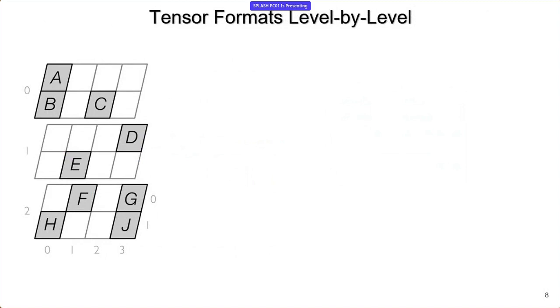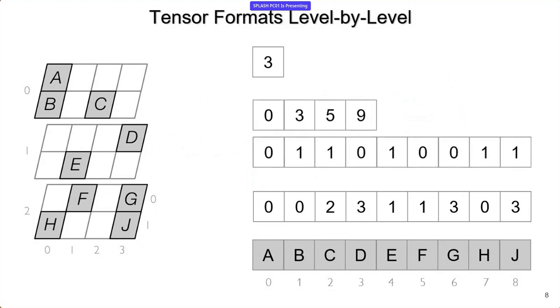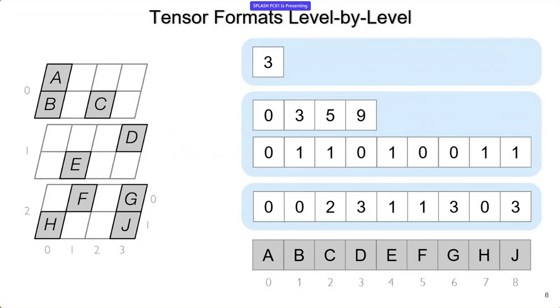This is a little more complicated tree structure, and you can have a bunch of these metadata structures to represent it. It looks like a jumble, but if you look carefully, you can group them into levels. The first level, the slices, is dense. That means we have 3 slices because the dimension has size 3, so it only needs to know the size of that dimension.